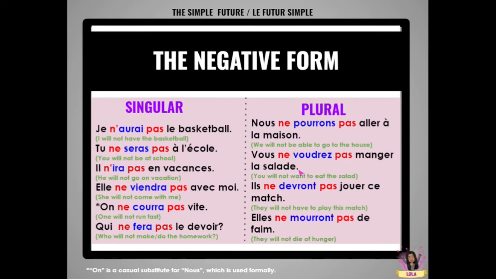You'll notice with these three over here, with pouvoir, vouloir, and devoir, the verbs, that there's another verb that comes after it. And that's just a rule. If you've seen all my other videos, you would know that after the verb pouvoir, there's always another verb in the infinitive form. So we have aller here, we have manger here, and we have jouer here.